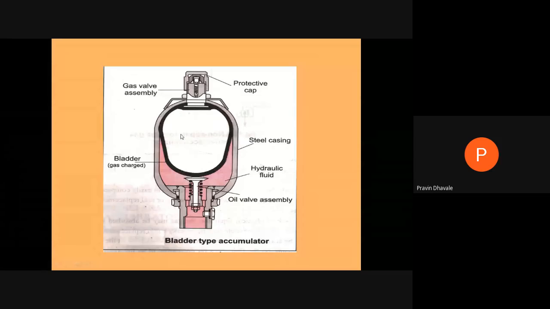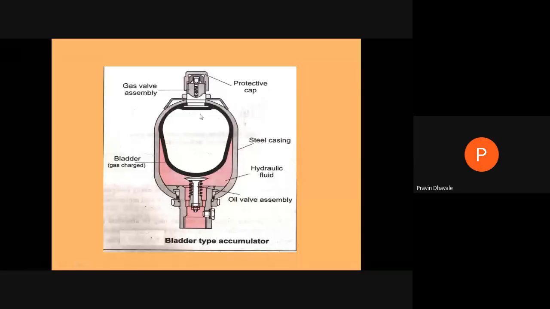This will be the cap or locking arrangement, called the protective cap.